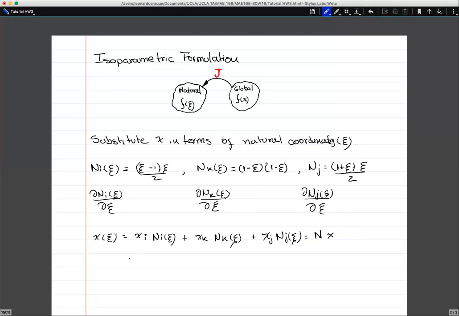So if our area is a function of x, all we need to do is the substitution of that x in this form. These xi, xk, and xj are just numbers, right? They are the locations in the x direction, in the x axis, of each of the nodes i, k, and j.